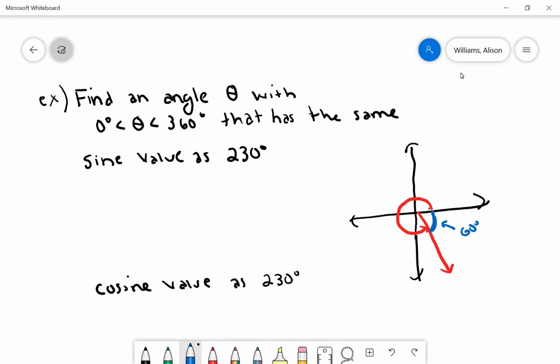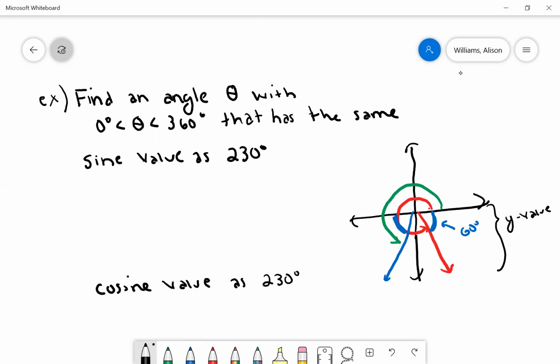Then that would have the same sine value as a reference angle based on this angle over here, which is the angle that went all the way from here to here. These two would have the same sine value because they're both in quadrants 3 and 4, and in quadrants 3 and 4, our y values are negative.